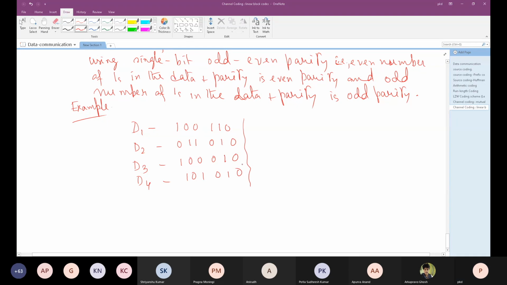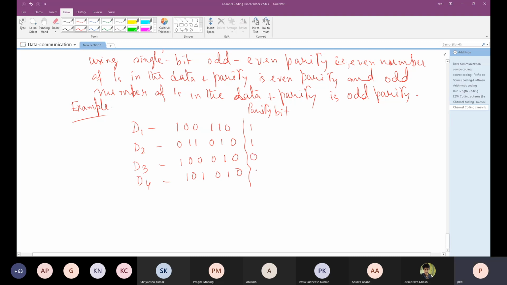Now, here there are 3 ones. So if I consider the parity bit, then if I put a 1, that will be, of course, even parity. And here also the same thing. Here this is odd parity.